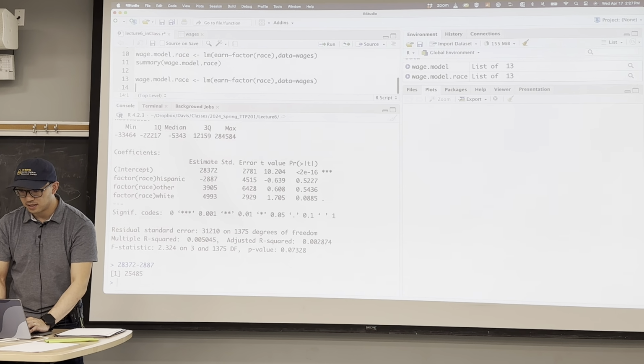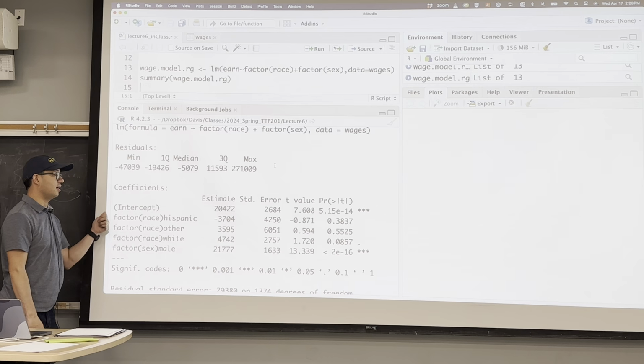Yeah, slightly more complicated. So we have 3 races and then 1 race left out, and then we have 1 gender and 1 gender left out.